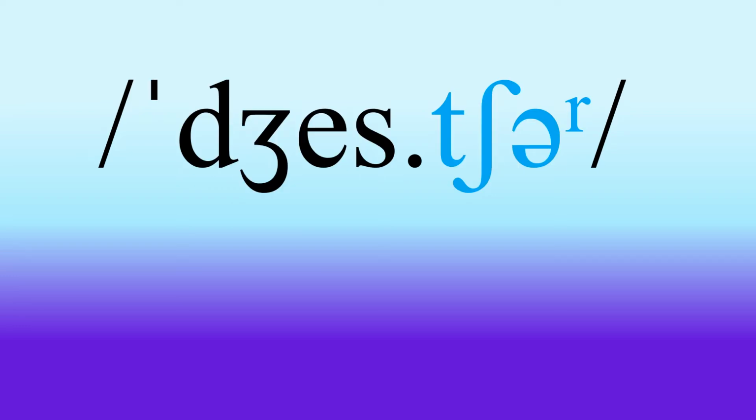Then we've got that second syllable, which I think is a little trickier. So we've got the ch sound, like at the beginning of the word church. We've got a schwa, and then that little linking r, which would activate depending on what comes next.